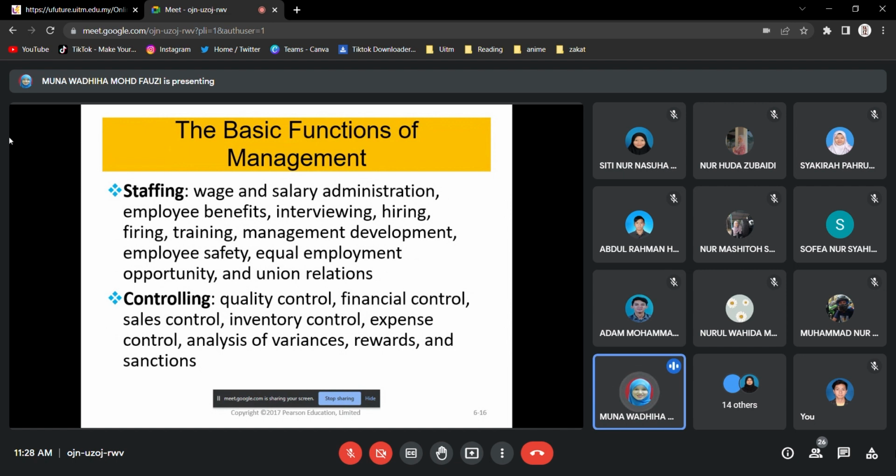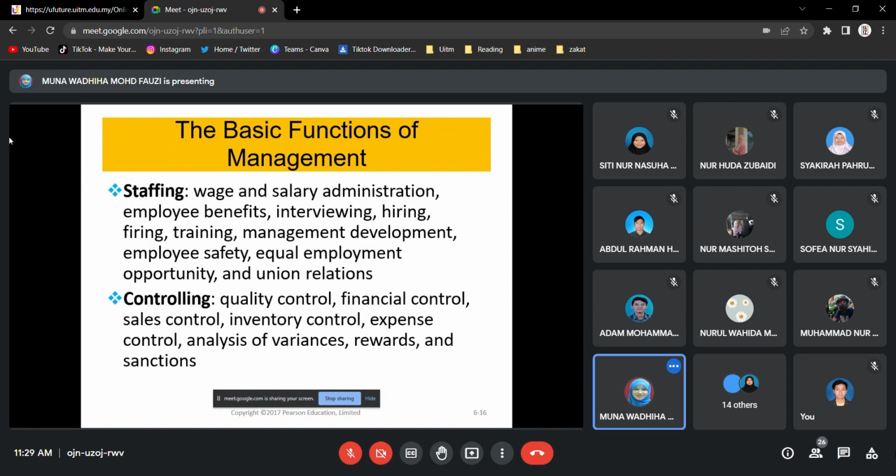They can offer good compensation in terms of basic salary, and also add additional benefits, for example allowance, incentive, bonus. So it's really important to take care of wage, salary, employee benefits, training and development opportunities, and lastly union relations.